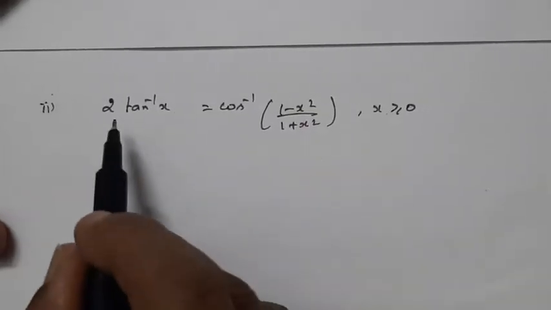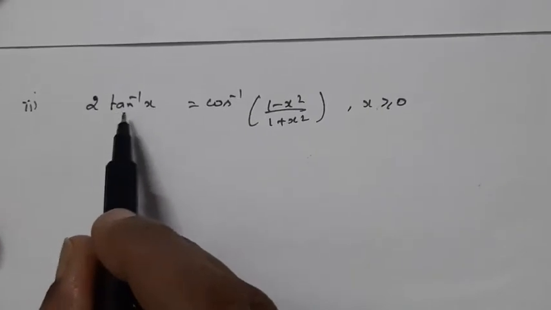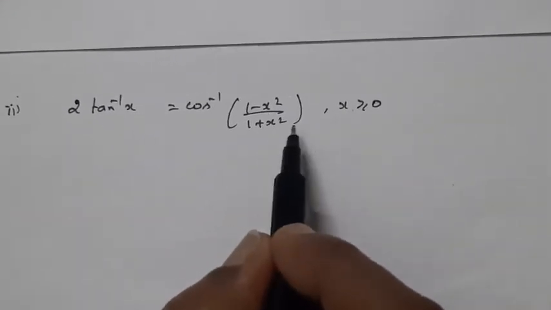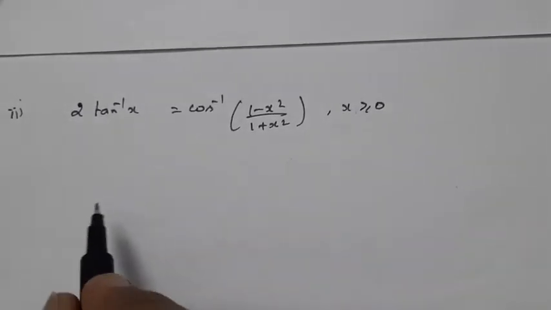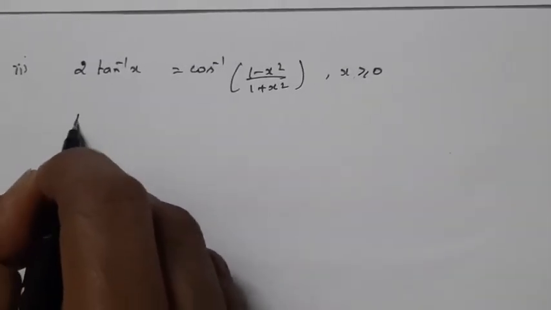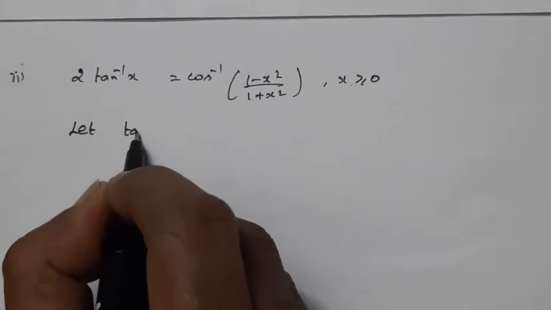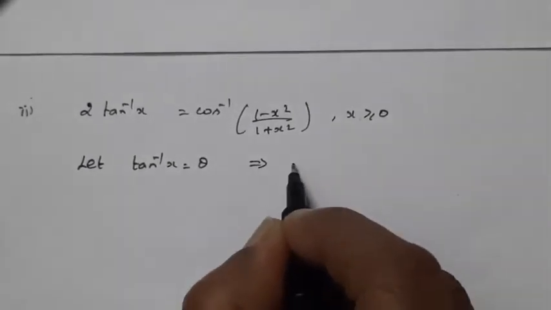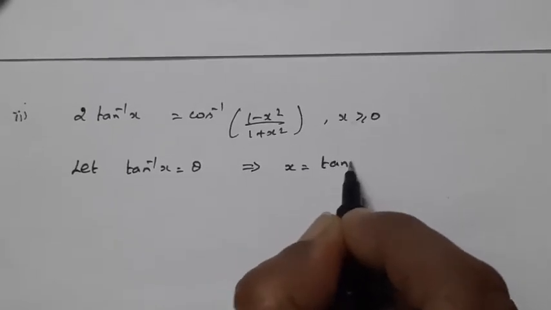The second identity in this set of property is 2 tan inverse of x is equal to cos inverse of 1 minus x squared by 1 plus x squared, where x is greater than or equal to 0. So, to prove this, let us take tan inverse of x is equal to theta. So, this implies that x is equal to tan theta by definition.